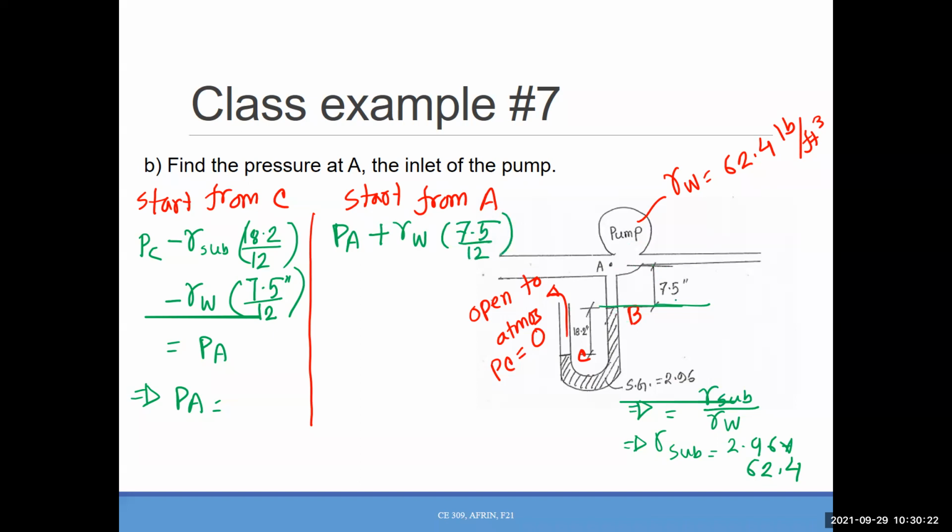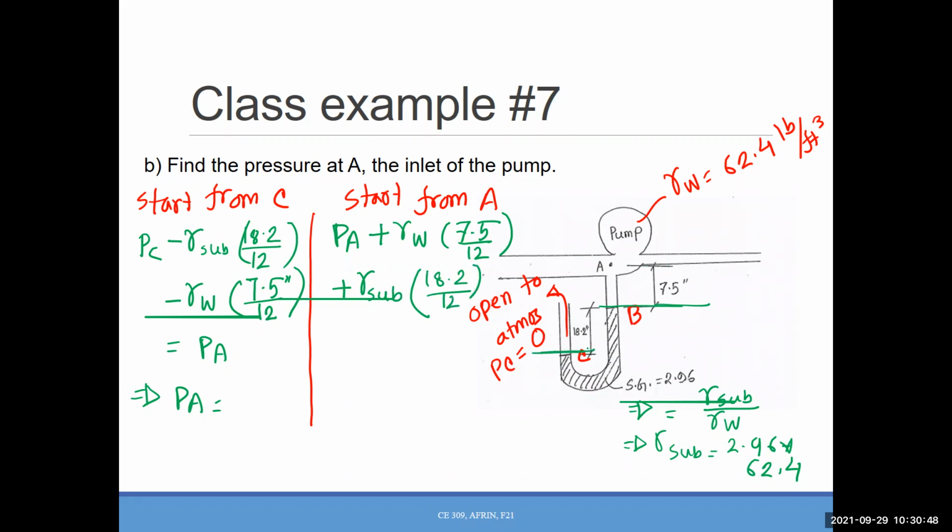From B, where is the next interface? Say it loudly. Where is the next interface from B? C, and it is also below point B, right? Yes. Okay, and the distance between B and C is 18.2 over 12.